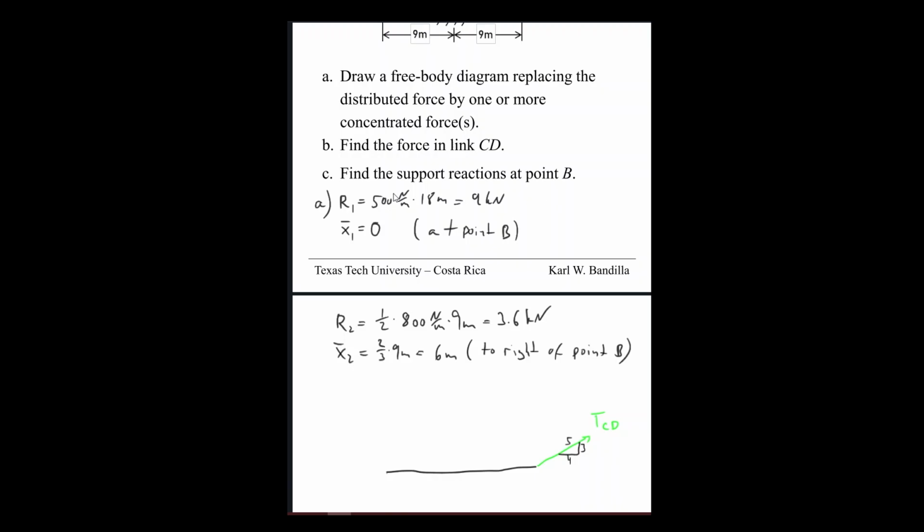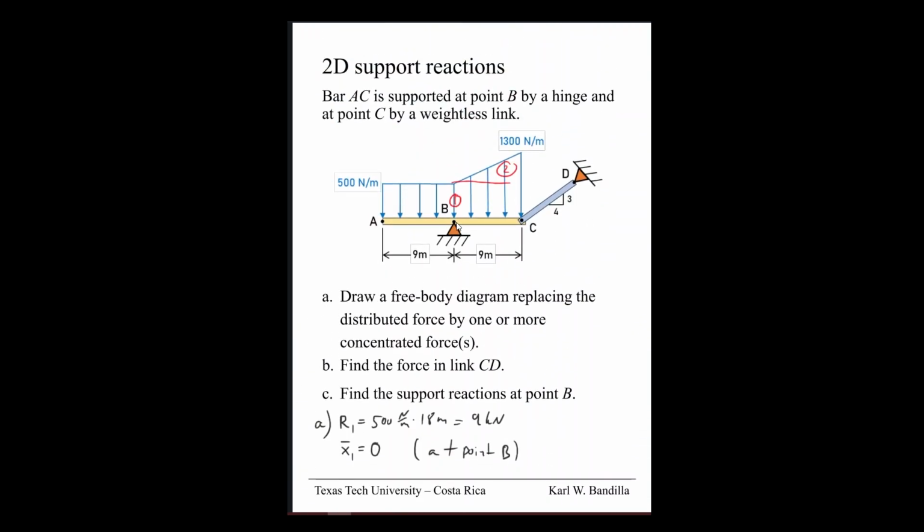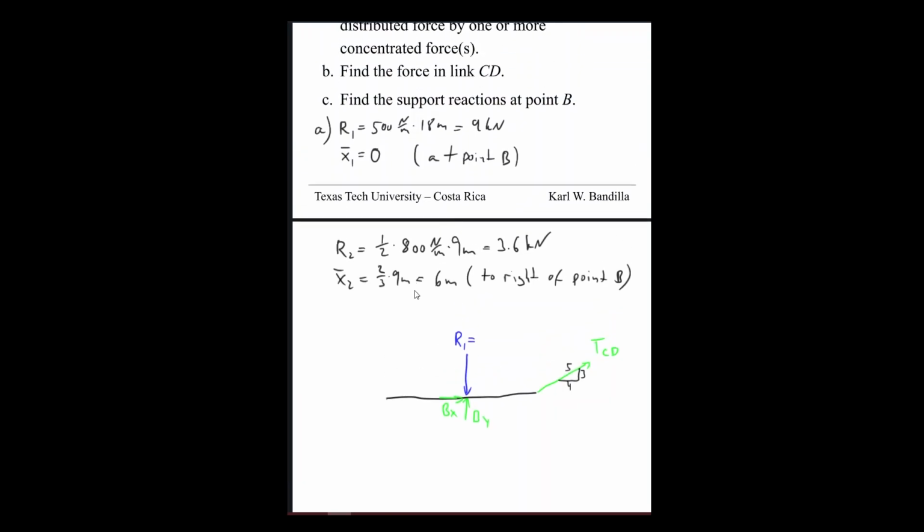All right, what else do we have? We have our support of that hinge. So that will be a BY and a BX. And then we have our two concentrated forces. One was here. That'd be R1 equal to 9 kilonewton.